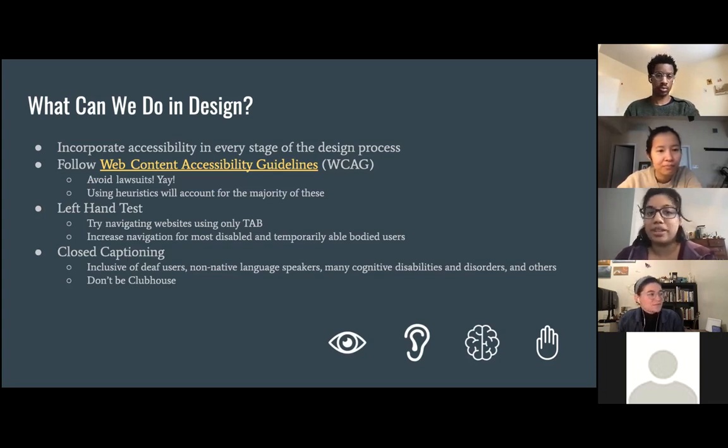So for one thing, talking about research, we want to start incorporating accessibility at every stage, so that by the time we get to developers, which is usually where accessibility drops off, if we've already advocated for accessibility from everything from research to the actual design phase, presenting to the client, and then getting it to developers, we'll hopefully have already had the hard conversations with our clients about why they need to include it.